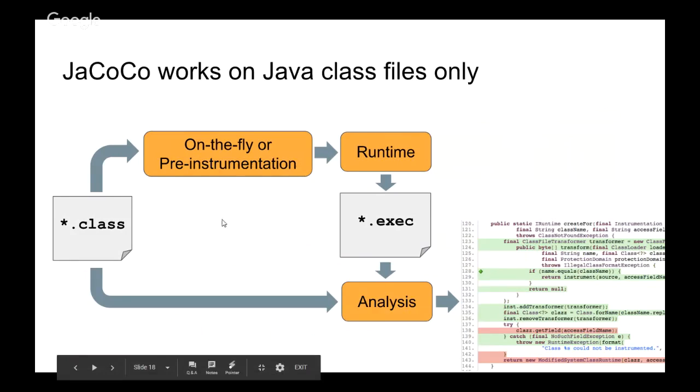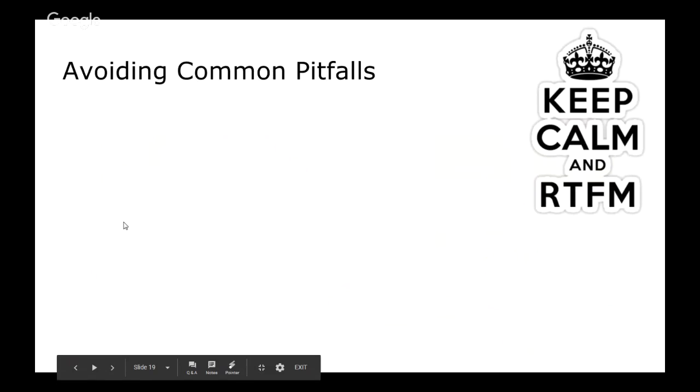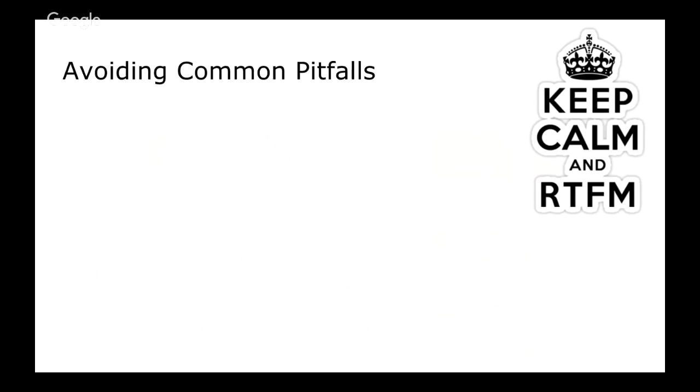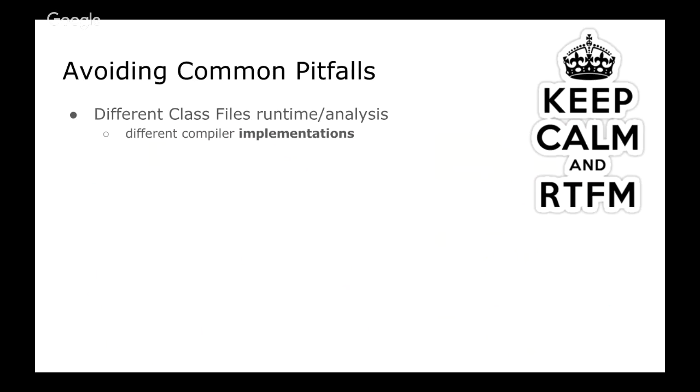If you remember this picture, that we always work on class files, I want to show you also some warnings and pitfalls about common problems we see in the wild. First of all is different class files at runtime and analysis. We really have to make sure that the class files are the same at runtime and analysis.